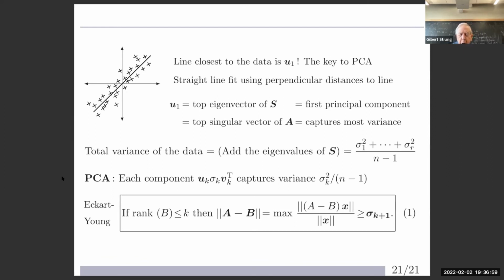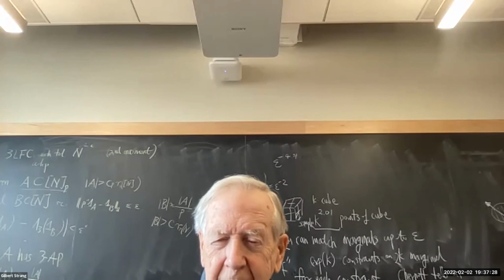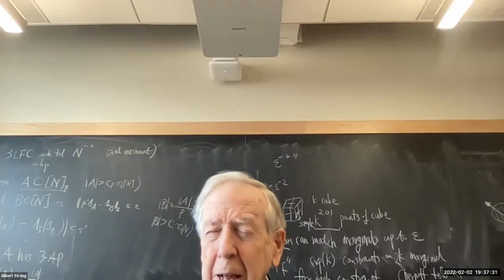And then we found the perfect basis for it coming from the SVD: the singular vectors in the row space and the singular vectors in the column space are the perfect vectors to be the basis for those spaces. Okay, that's a review of linear algebra. That's what a first course in linear algebra would start with, column spaces, and end with the SVD maybe.